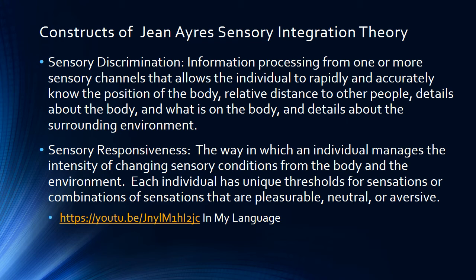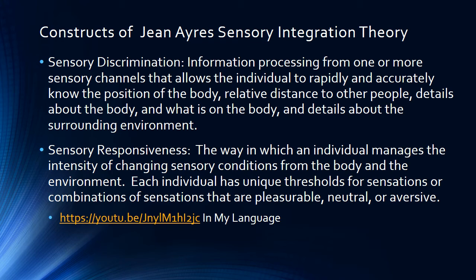Sensory responsiveness is the concept of the way in which an individual manages the intensity of changing sensory conditions from the body and the environment. And each of us has unique thresholds for sensations or combinations of sensations that we're going to experience as either pleasurable, neutral, or aversive.